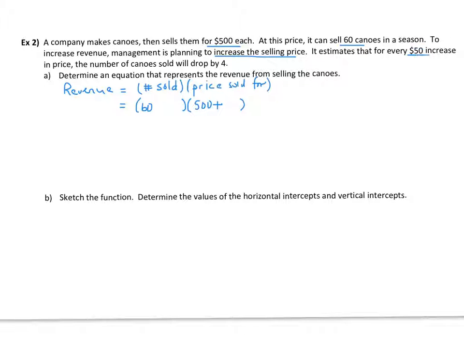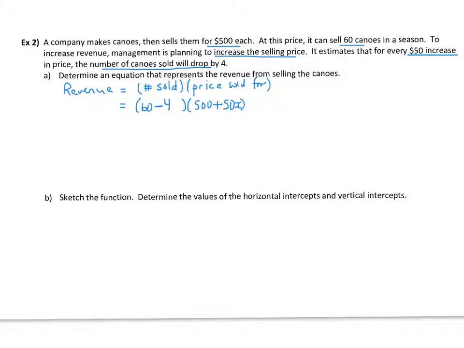It's going to add groups of $50. So we're going to add 50, but we don't know how many groups of 50. So we're going to put 50 times x, where x represents the number of $50 increases in price. But for every $50 increase in price, the number of canoes sold will drop by 4.